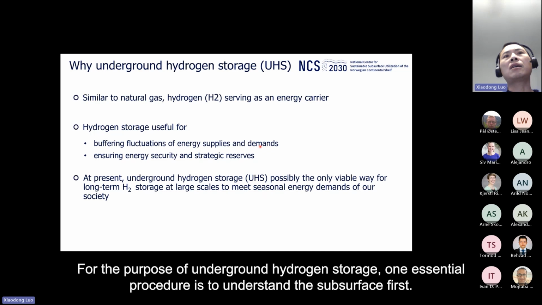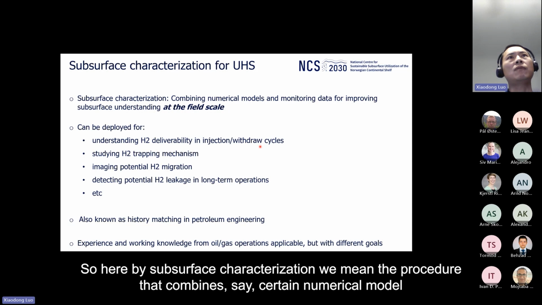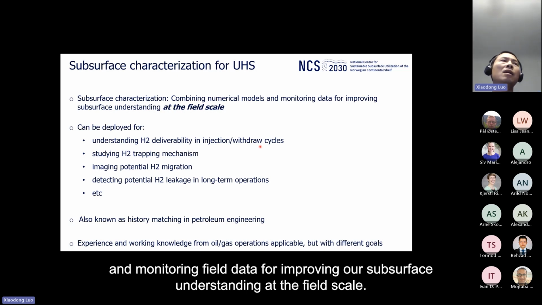For the purpose of underground hydrogen storage, one essential procedure is to understand the subsurface first. This requires a workflow called subsurface characterization. By subsurface characterization, we mean the procedure that combines a numerical model and monitoring field data for improving our subsurface understanding at the field scale.